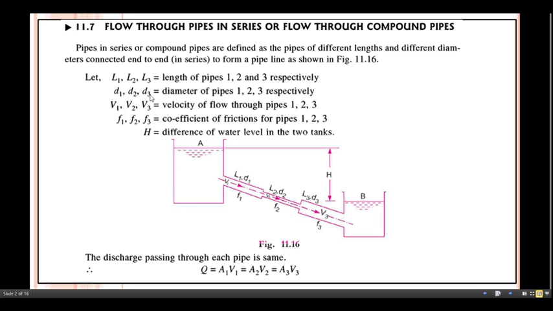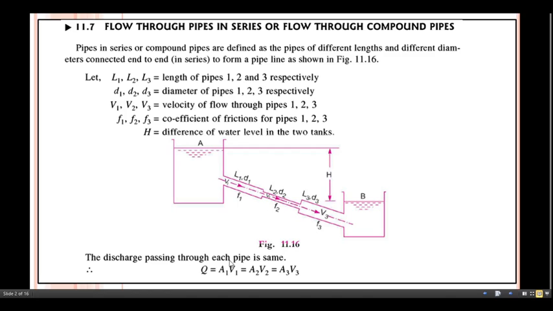Then d1, d2, d3 diameter of pipes 1, 2, 3 respectively, v1, v2, v3 velocity of flow through pipes 1, 2, 3, f1, f2, f3 coefficient of frictions for pipes 1, 2, 3. H indicates the difference of water level in the two tanks. If you just see, tank number A is here and tank number B is here, so this indicates the difference of water level in two tanks.